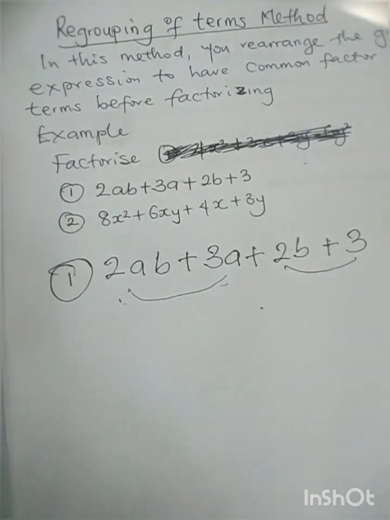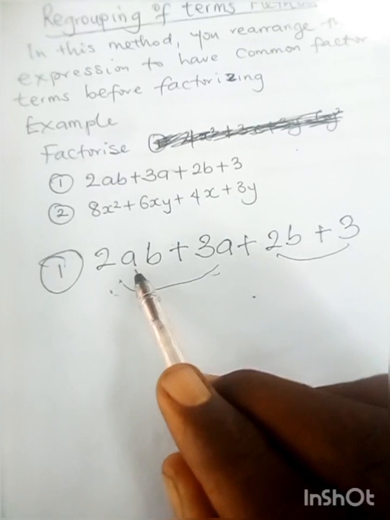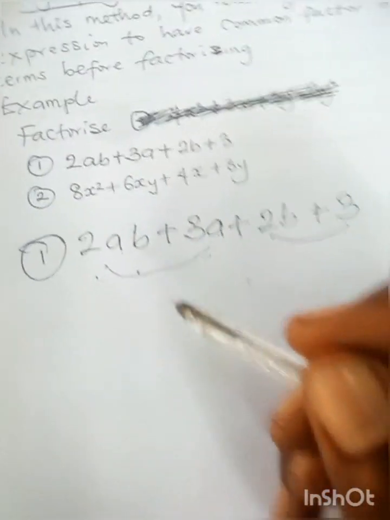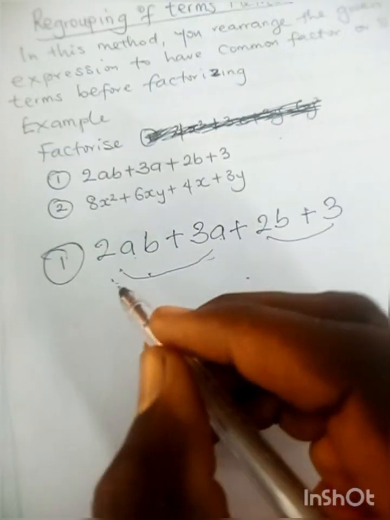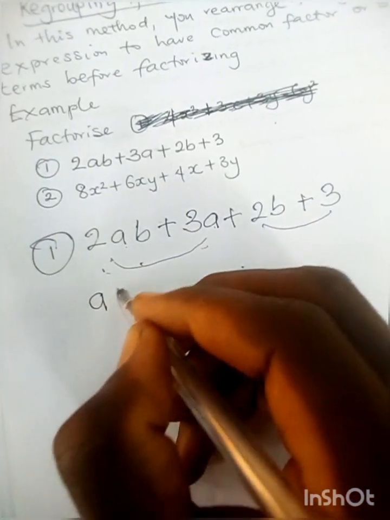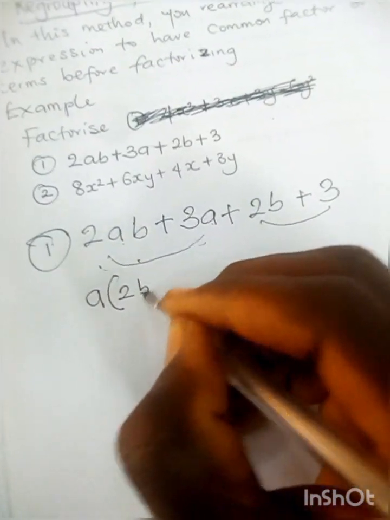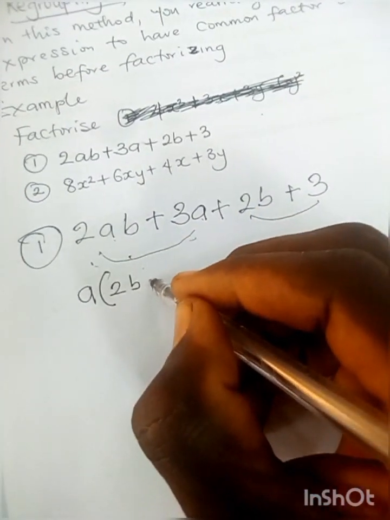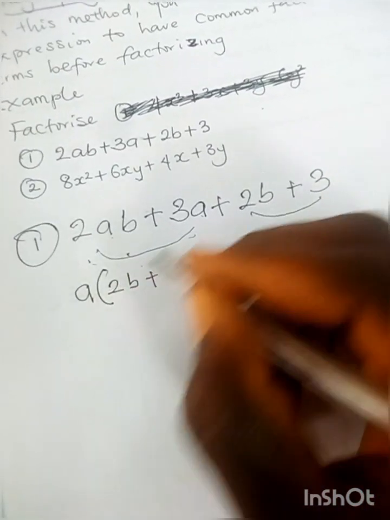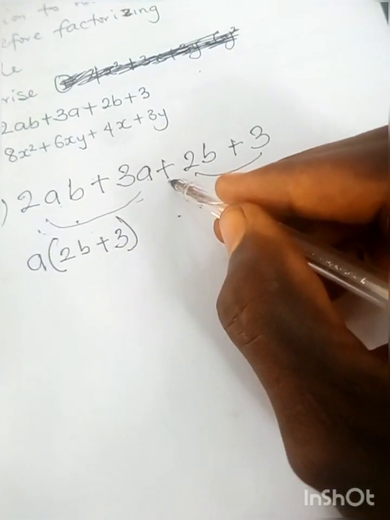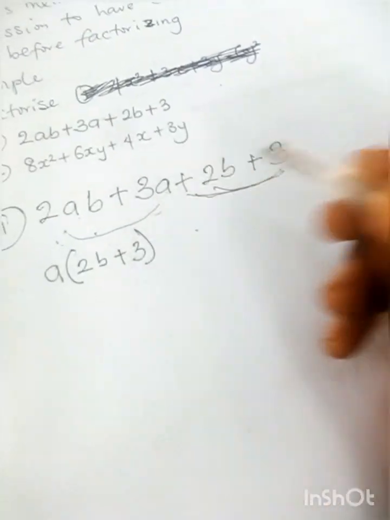Yes. In this first group, we have that a is common here and also common here. So if we bring out the a, we're having it like a outside into now. If a cancels out this a, we have here 2b plus, a goes here, we have just 3. Close that section. Then among this, which is this one, what's common?